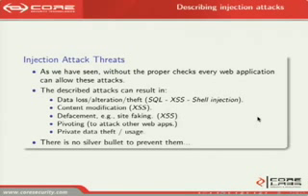So what are the threats we are facing with injection attacks? Without the proper checks, any web application can allow this kind of attack. The execution of these attacks can result in different kinds of problems. We can lose data. Our data can be altered or stolen.